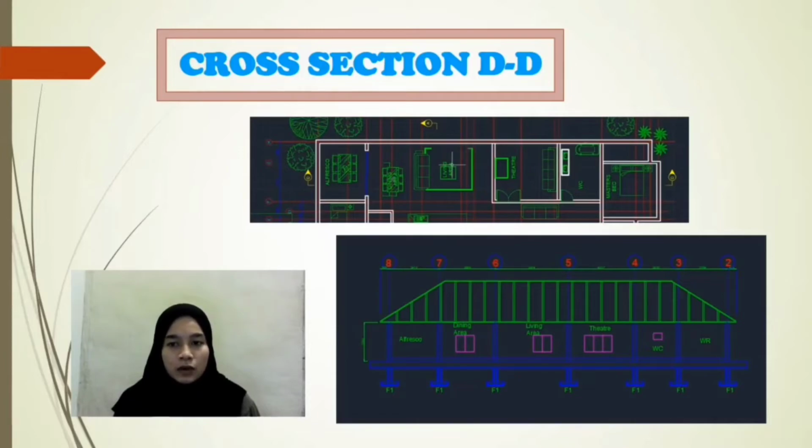I drew the column according to the position of the column on the floor plan. Next, I drew the beams and pad footing according to the predetermined size. Then I drew the roof frame and roof truss.